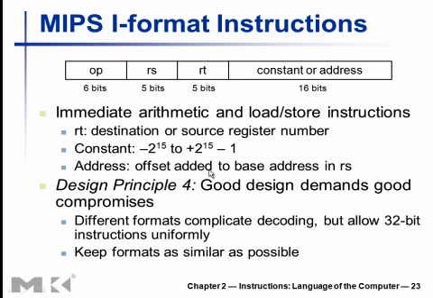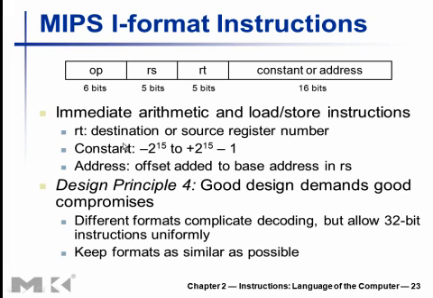Now let's take a look at the I format. In the I format, basically you reserve the constant or address area in the instruction. Half of the bits, 16 out of 32, are used for the constant or address. Then there is a 5-bit RS, the source register, a 5-bit target register, and a 6-bit OP.